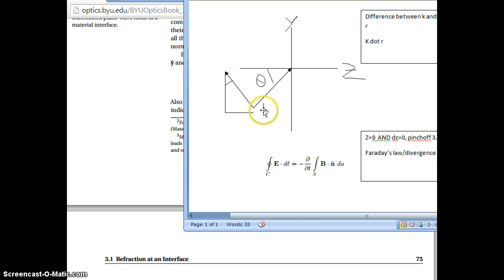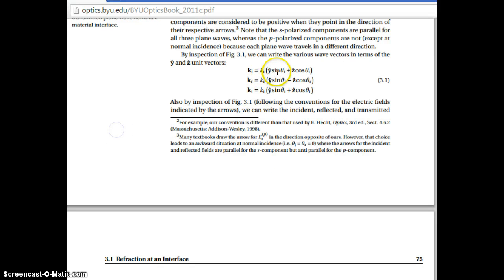If we've got our k vector at a certain angle from the z-axis, then the direction is sine theta y hat plus cosine theta z hat, and there you've got it.